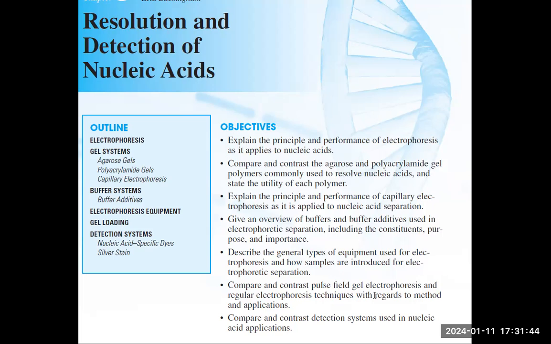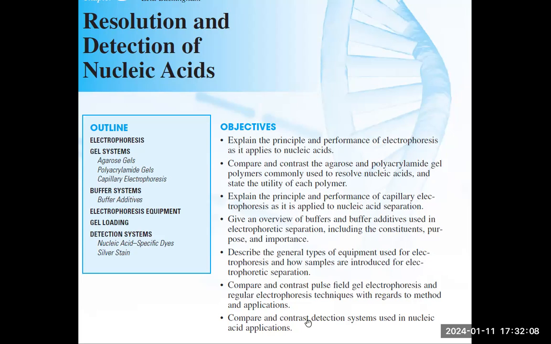What's fit for that will be our pulse field gel electrophoresis. We cannot use our conventional, classical, typical agarose, and our polyacrylamide is no match for pulse field because that one is fit for the very small sizes. This one is for the very large mega base pairs of DNA.